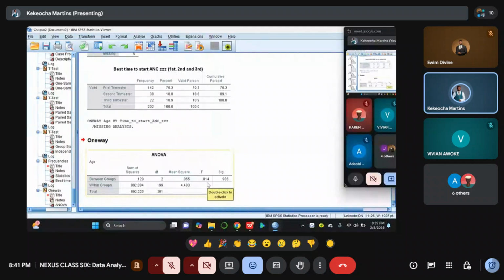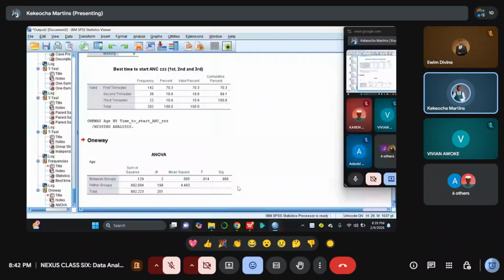Then under the ANOVA, you come to the significant value. Here we have 0.986, which is very much greater than 0.05. So there is no significant difference between people that booked in first trimester, second trimester, third trimester.